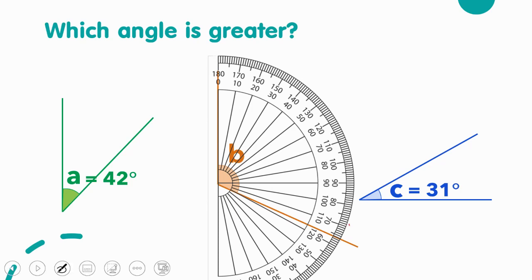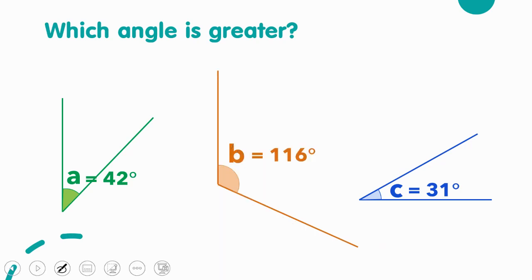So this 70 is on the same line as 110 in the inner scale. So it's 110 and 6 degrees more than 110. Therefore, it is 116. So angle B is 116 degrees.